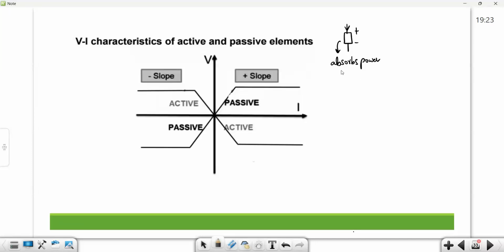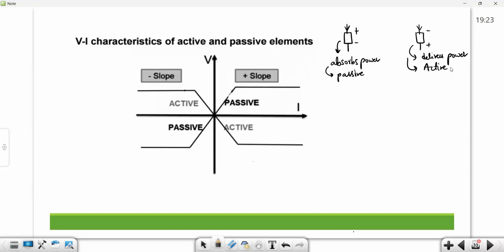That means if it is absorbing, we call it a passive element. If the current is flowing from negative to positive, it delivers power, which means it is an active element.